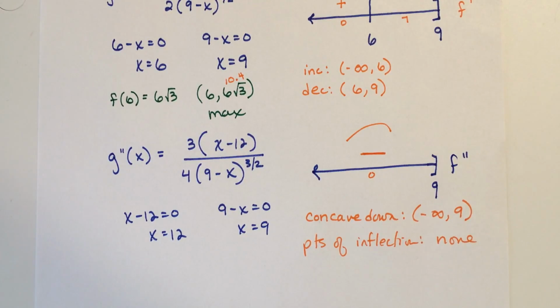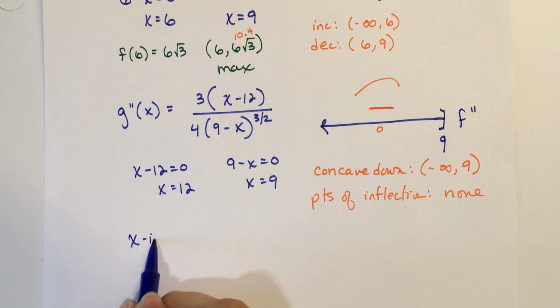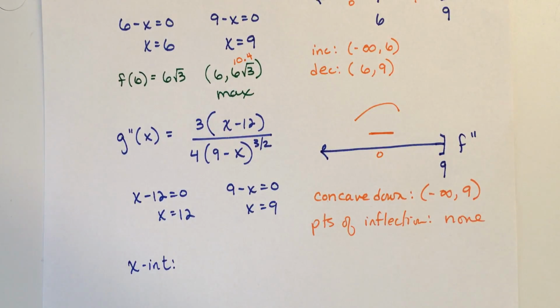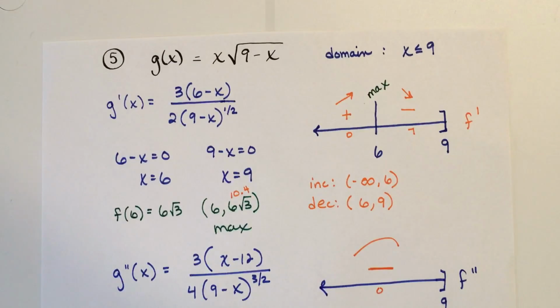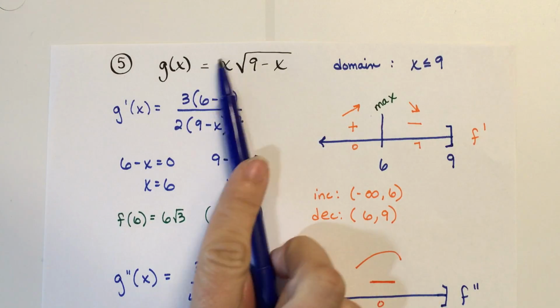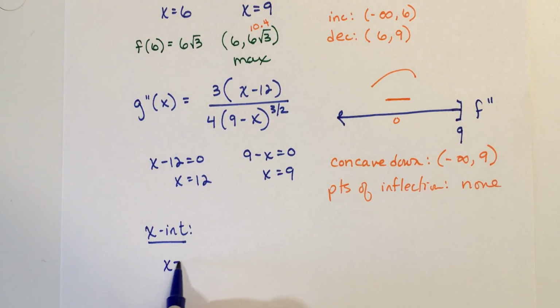Now, intercepts, so x-intercept, of course, that's going to be the values that are going to cause your function to be equal to 0. So actually, if you just find out what makes this factor equal 0, what makes this factor equal 0, that would just be x equals 0 and 9 minus x equals 0.